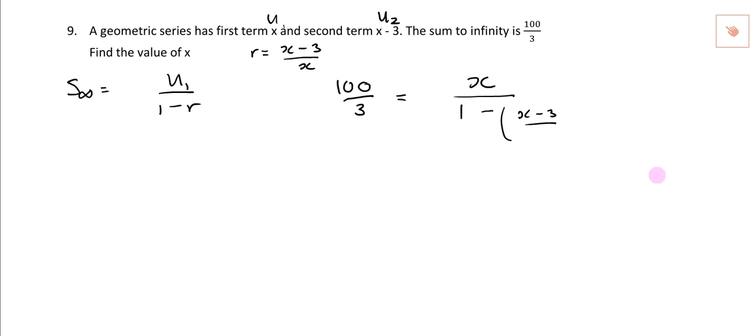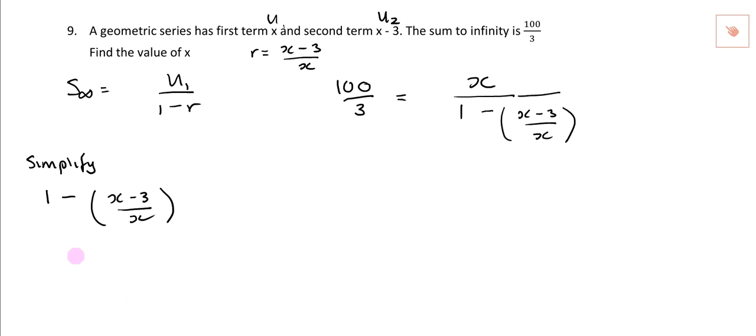x minus 3. Now I saw quite a few of you had this. So that's not a bad start. That's what you do from here. Me, personally, I sorted out the denominator first. So I am going to simplify 1 minus (x minus 3) over x.